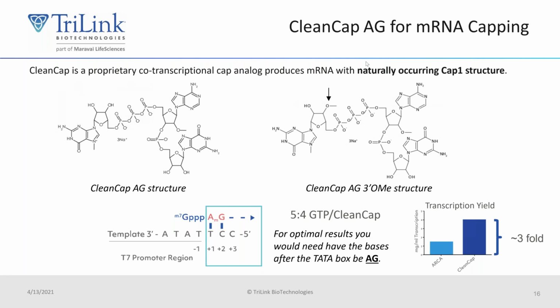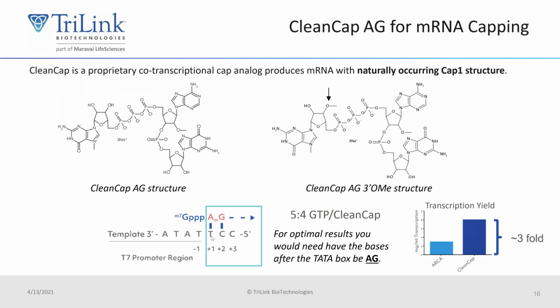Yeah, absolutely. So we have the CleanCap GG, which is compatible with the ARCA compatible template that you're likely already using. And also the AG, which of course we mentioned is the preferred or optimal CleanCap. If you can, we recommend switching over to it since it does provide even higher yielding transcriptions and higher capping efficiency, but it does require a single base change.